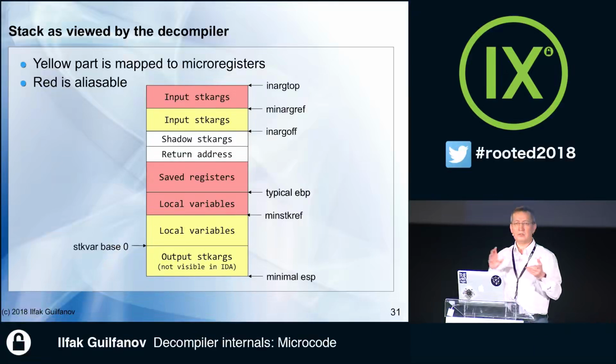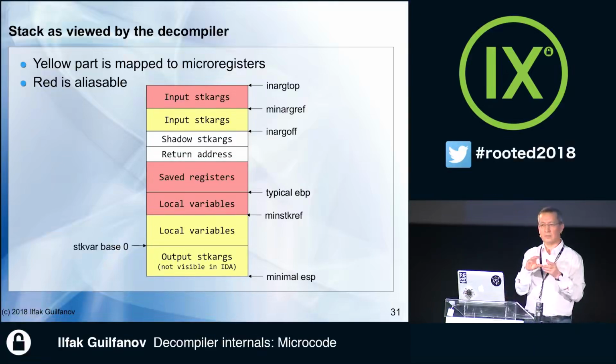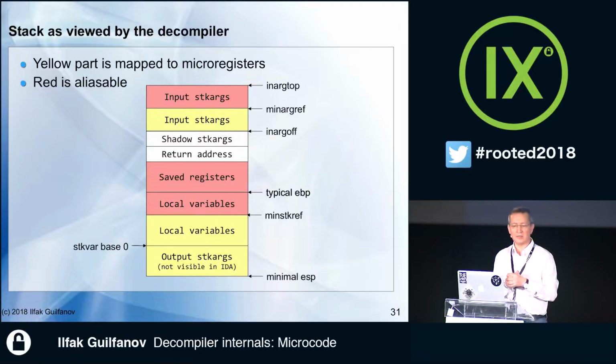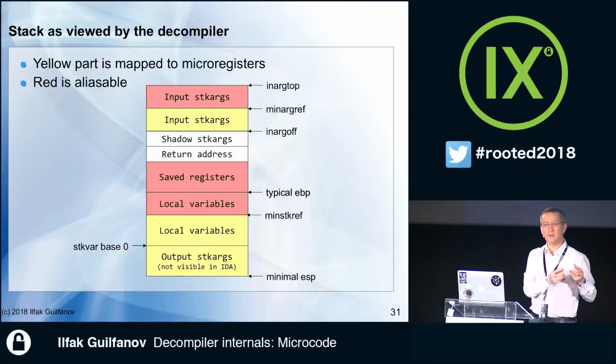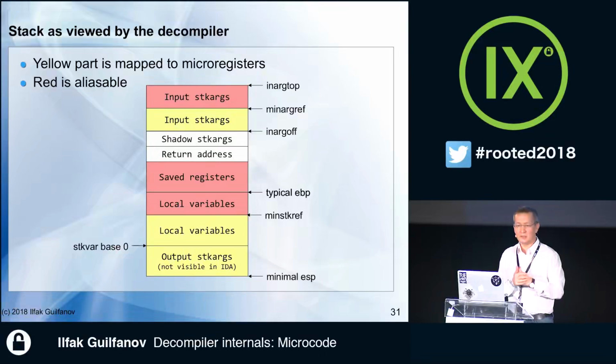Therefore, we cannot perform data flow analysis for that part of the stack frame because it is so-called aliasable. It can kind of change its value magically for us because some called function changes it.